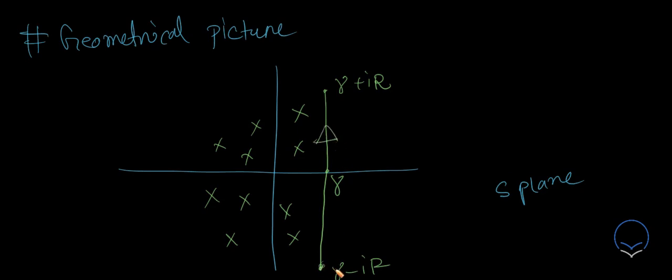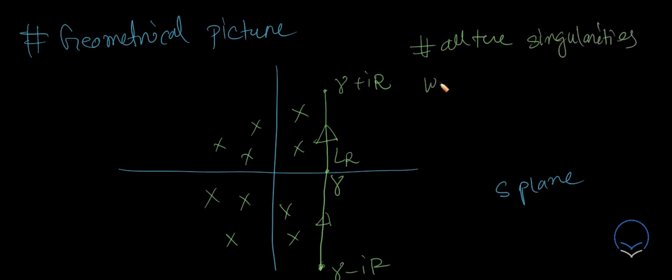We start from this gamma minus iR point and go up to gamma plus iR, like this, and let's call this line LR. So all the singularities will lie on the left of gamma, like this.